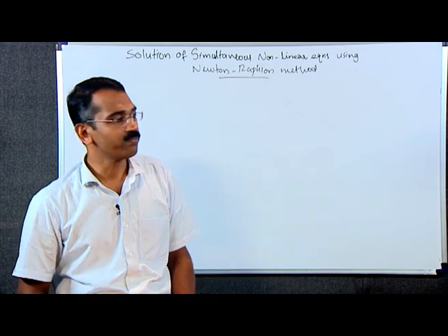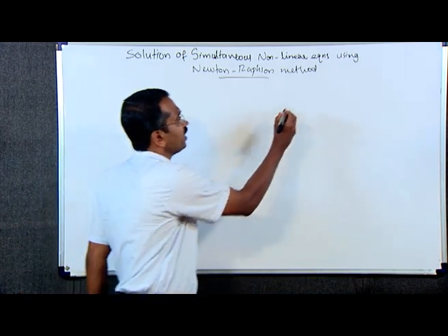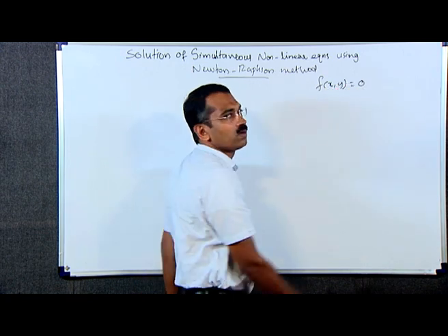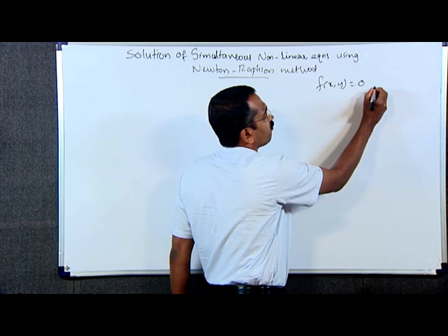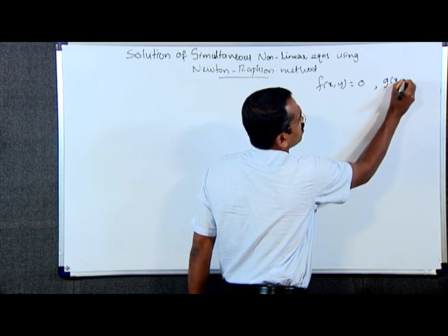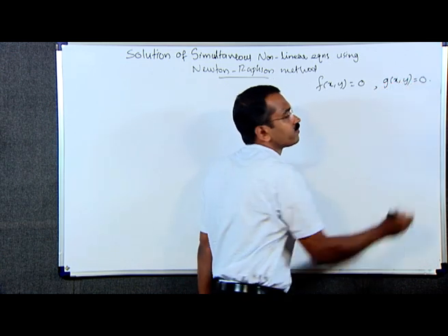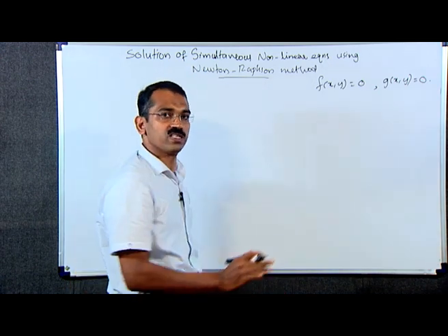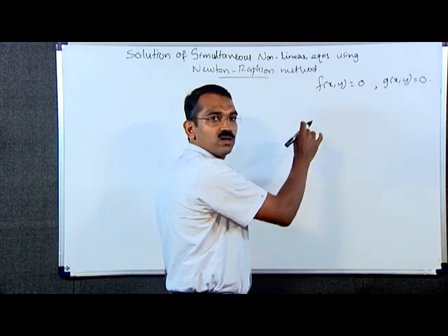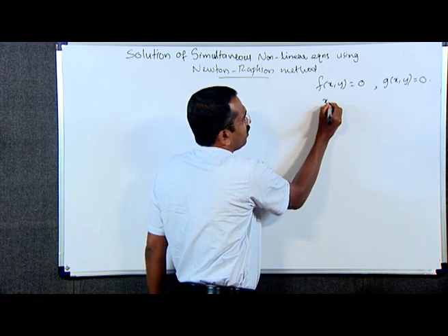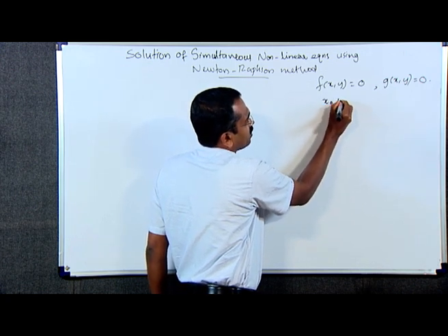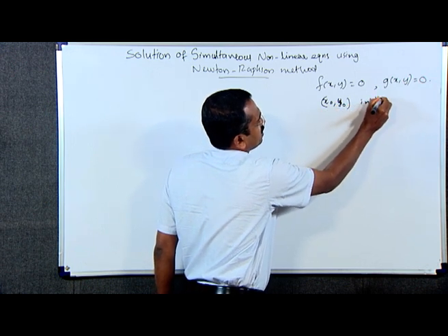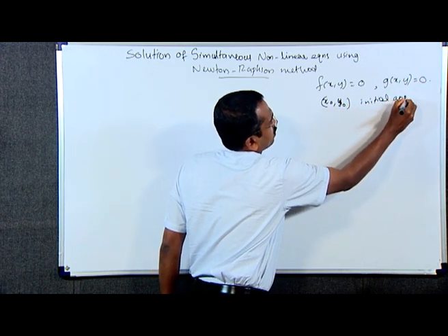Let them be f(x, y) = 0 and g(x, y) = 0. Let (x0, y0) be an initial approximate solution of the equations. We are taking (x0, y0) as an initial approximation.